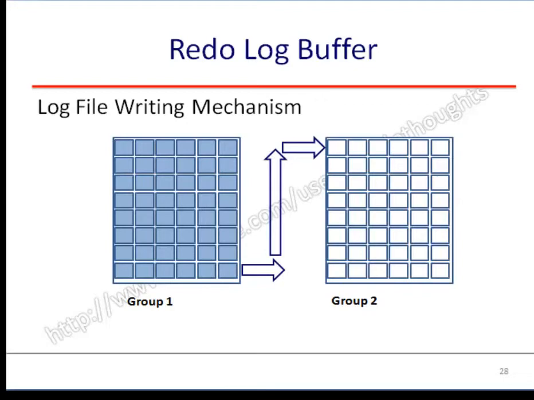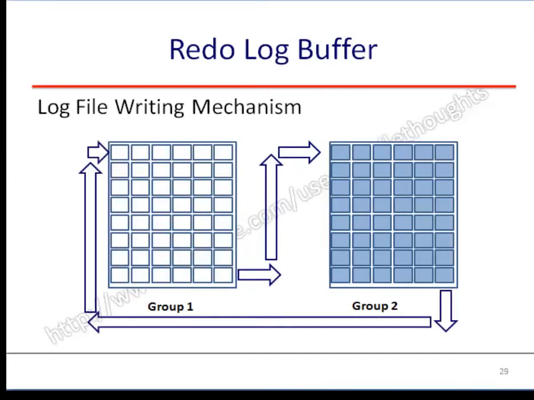Now, as soon as it finishes writing to the group, it moves on to the second group. And after it finishes writing to the second group, it gets back to the first group all over again. Now, in case you have a business requirement to restore the database till the point of crash, then this is where you put your database in the archive log mode.